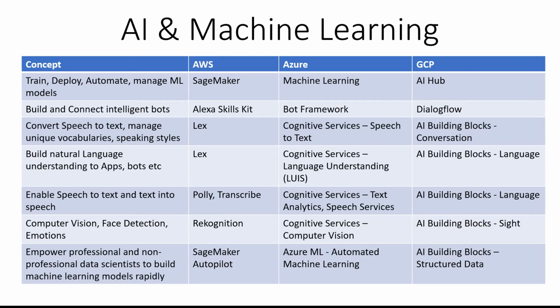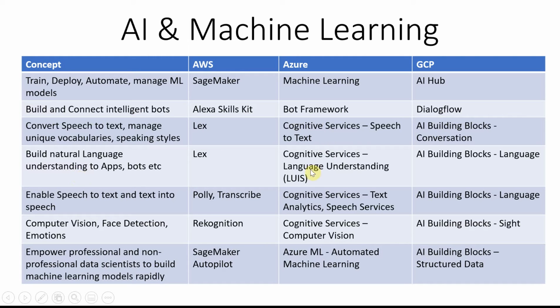In that category, we have Lex in AWS, Cognitive Services speech to text in Azure, and AI building blocks conversation in GCP, and the natural language understanding category for converting them to apps, bots, etc.